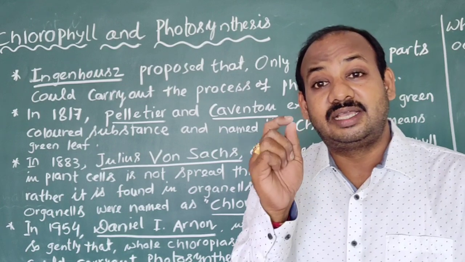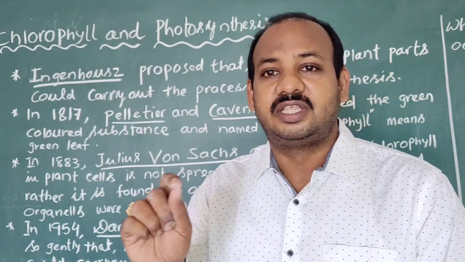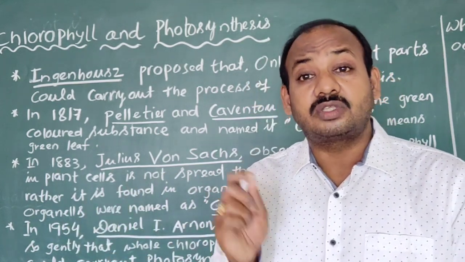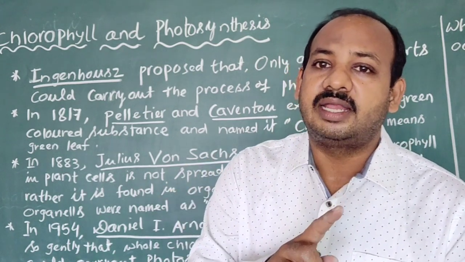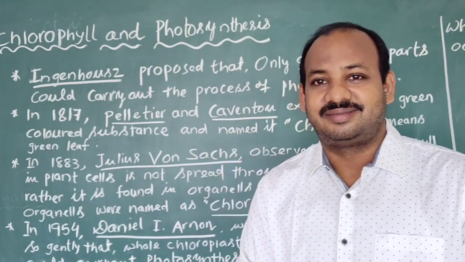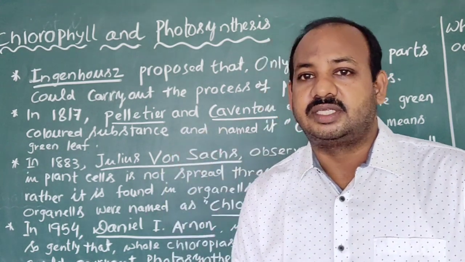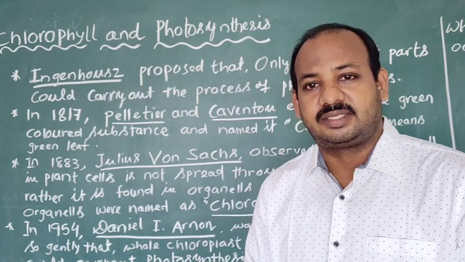Already I told you that in green colored light there is no photosynthetic activity, and the rate of photosynthesis is maximum in blue colored light and red colored light. That means between 400 nanometers and 700 nanometers, photosynthesis will take place.